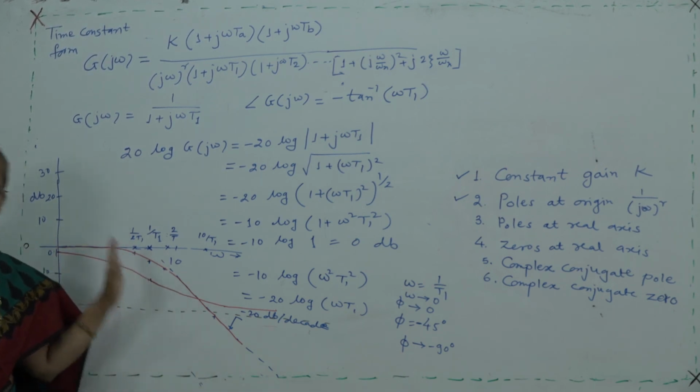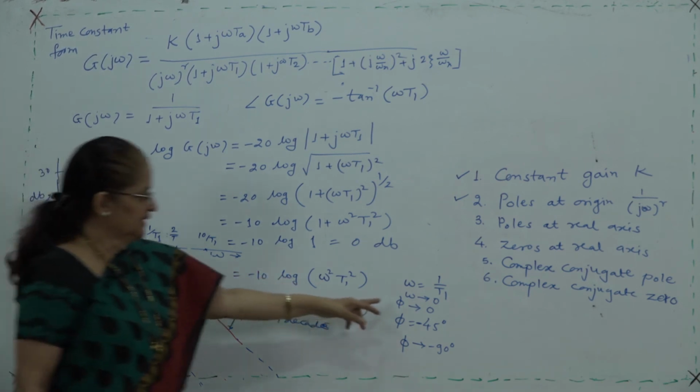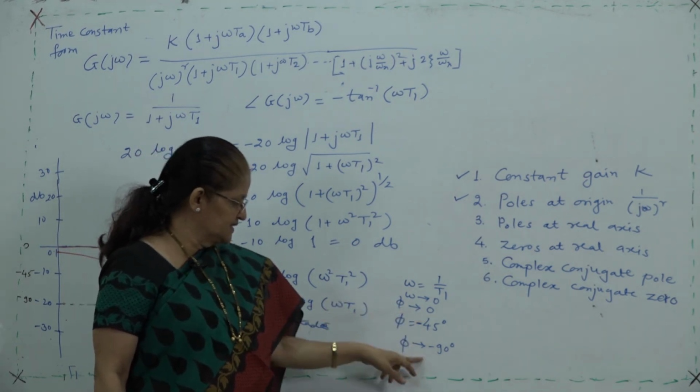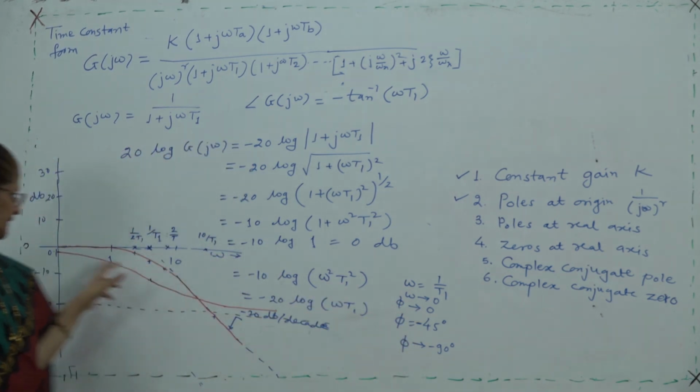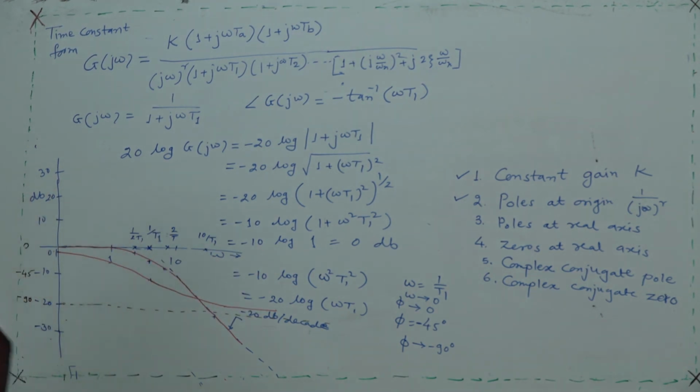So, this is for 1 upon j omega T1. For the angle, phi is 0, minus 45, minus 90, going towards, it is not 0 and minus 90, and so you have to draw the phase plot like this. Okay, that is for the real axis.